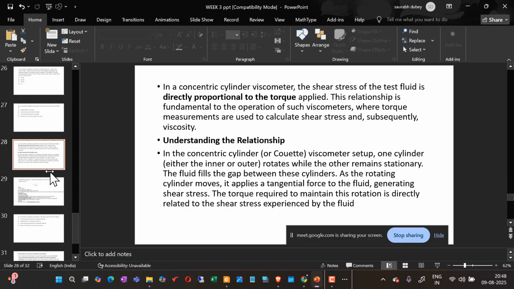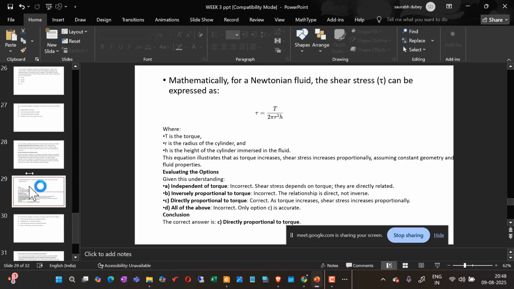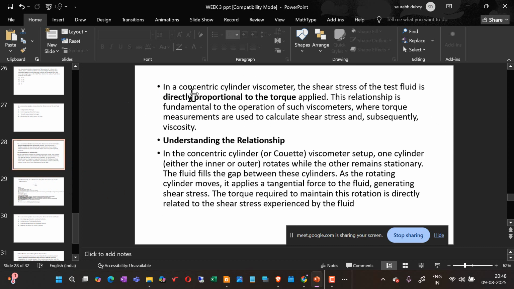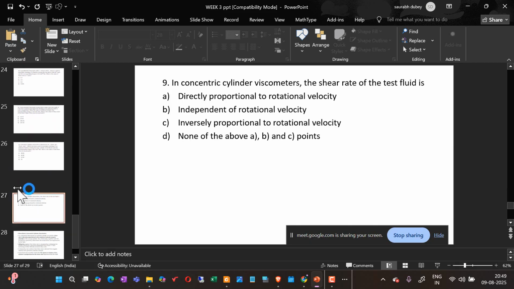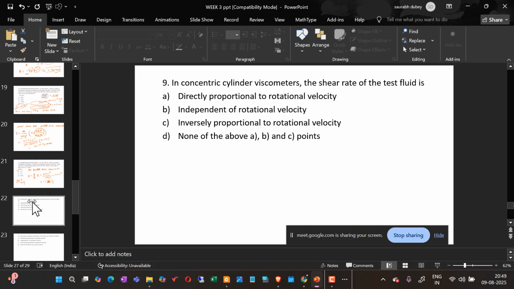This is the one that we are talking about. If you see, this is r square h, H or L, it is there. So in the concentric cylindrical rheometer, this is the 8th question, right? Let us keep it there. Okay, let's get it here.